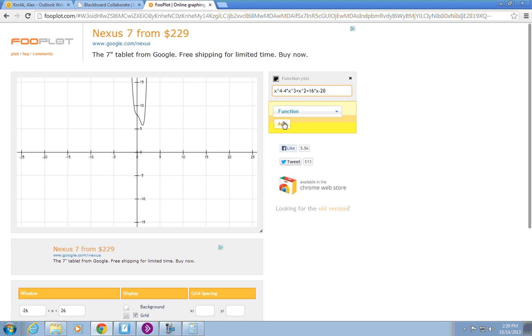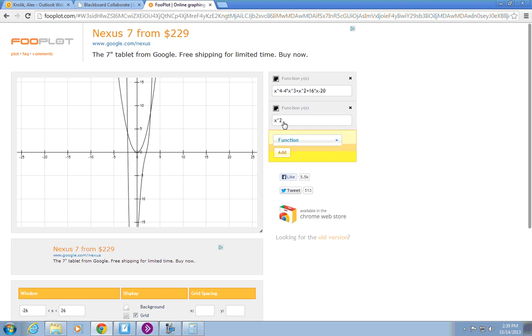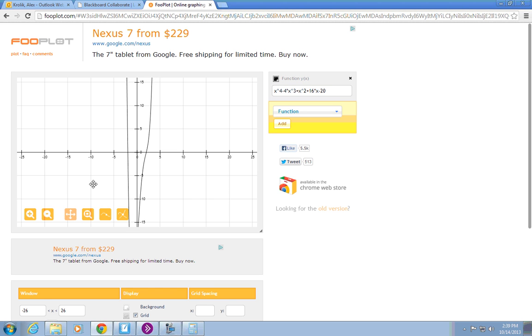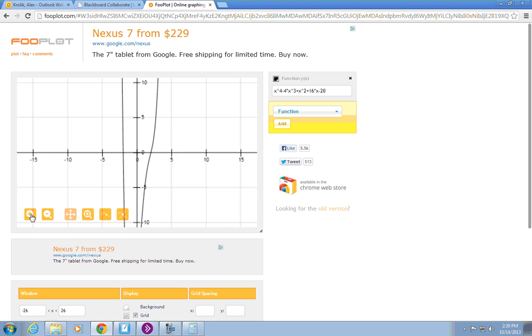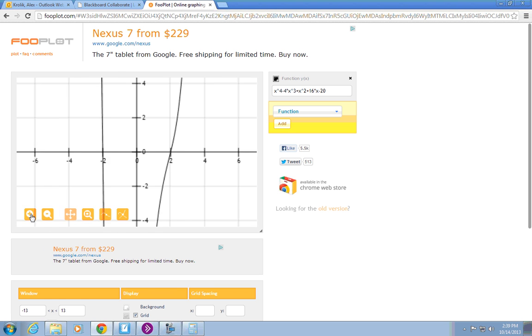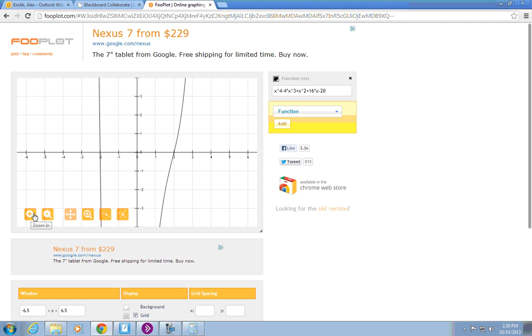I just want to look at what the quotient looks like. So yeah, nothing good, right? If I zoom in, oh, it does look like a 2 and a negative 2, doesn't it?